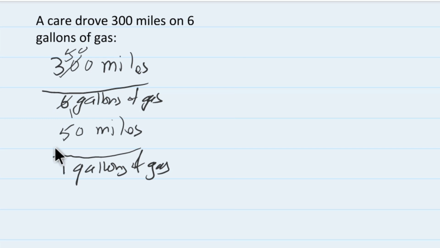So now we can see that it is 50 miles per unit, that is, per single gallon of gas. If we have 1 gallon of gas, then we can drive our car for 50 miles. Similarly, if we are traveling on a journey of 100 miles, then we will need 2 gallons of gas. If we are traveling on a journey of 150 miles, we would need 3 gallons of gas. So this is how we can calculate unit rate.